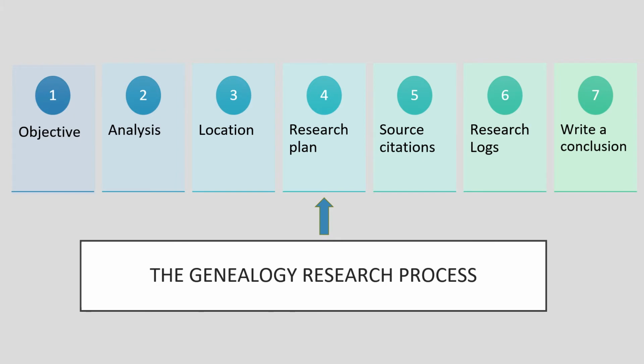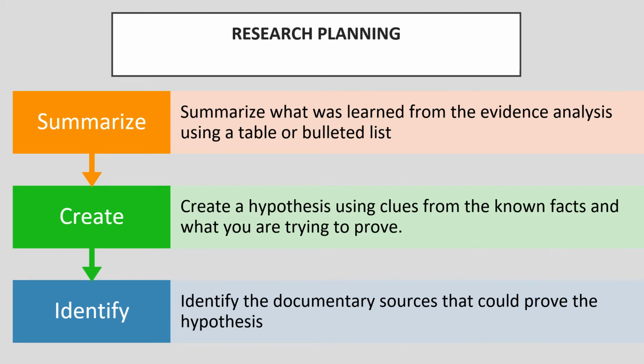So now it was time to do some research planning. After setting the objective, analyzing your sources, pinpointing a location, learning about that location, thinking of some good tools, some methodology that you can use for the DNA, it was time to really create a real working research plan. And in research planning, you always want to make a hypothesis.